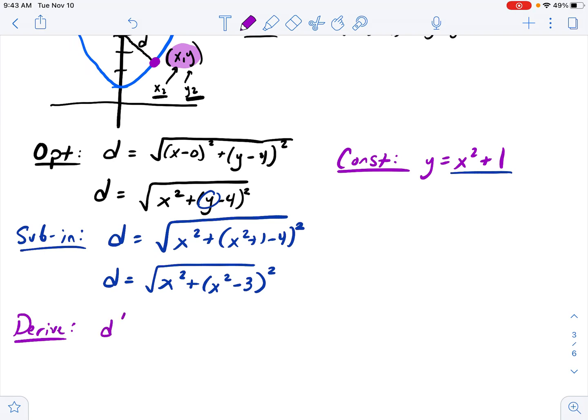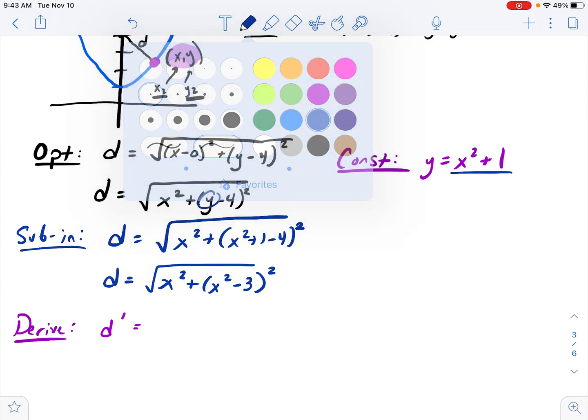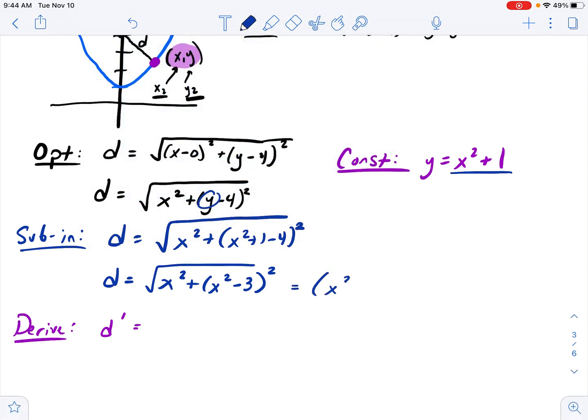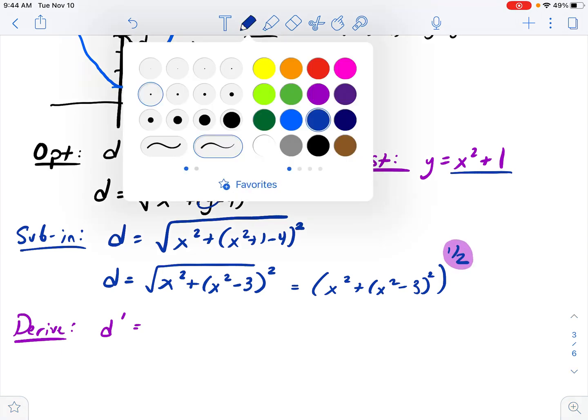So I'll call it d prime, and if you think about it, we are going to have to use the chain rule here, okay? It's this whole quantity raised to the 1/2 power, so I'm going to write it that way. It's this whole thing to the 1/2 power, okay? So applying the chain rule, I'll start with this.